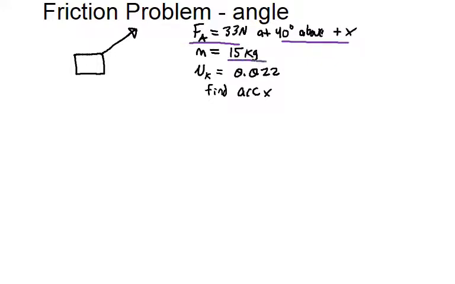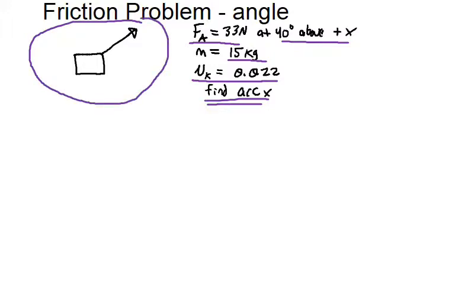We have the mass, we have the coefficient of kinetic friction, and we want to find the acceleration. So go ahead and draw the free body diagram and break down the forces, set up the sum of the forces in the x, sum of the forces in the y, and try to work it all the way through. And you can pause the video, and then when you're ready to check your answer, you can hit play.